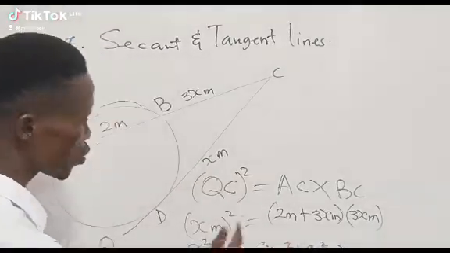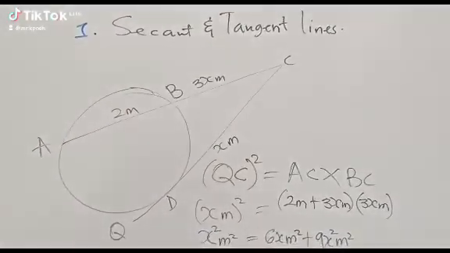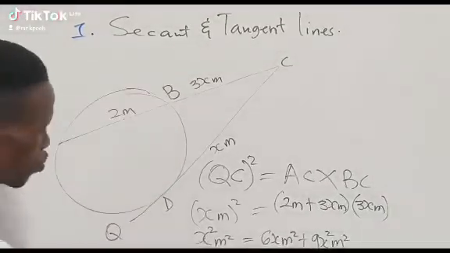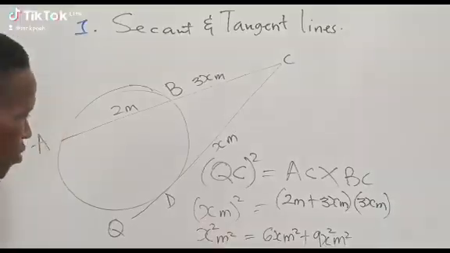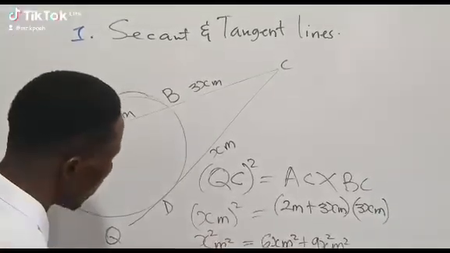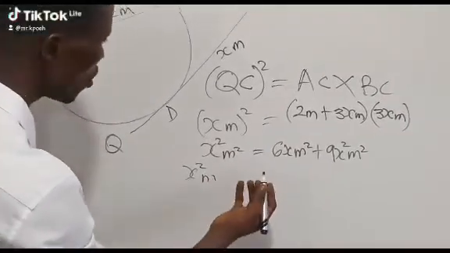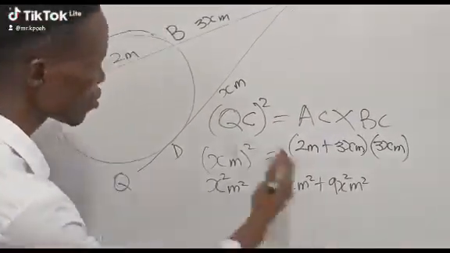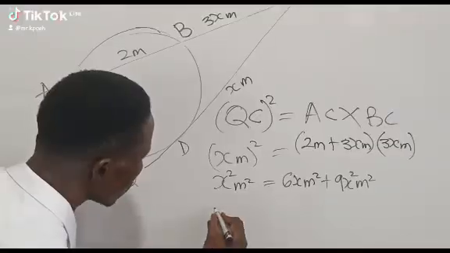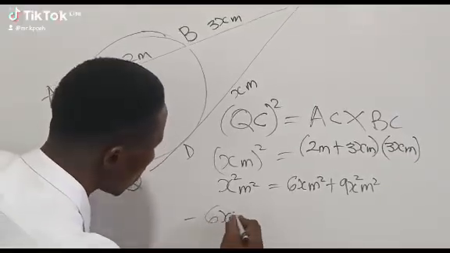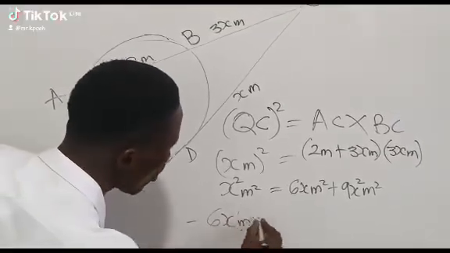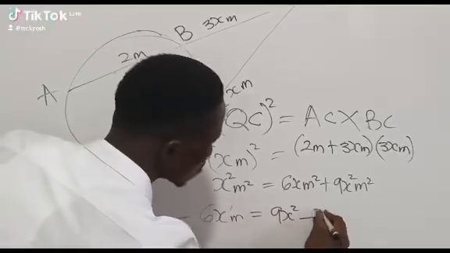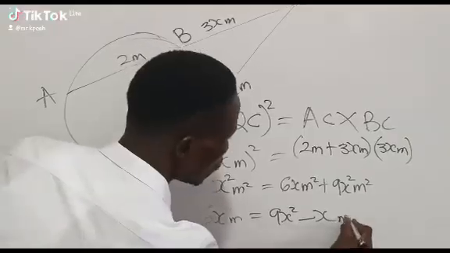Alright? From this point, this is what we will have. We have x squared on the left and 9x squared on the right. So I will bring this up. I will have x squared meter. Let me transpose it, right? Let me send this one over to that side. So I will have negative 6x meter equal to 9x squared minus x squared meter squared.